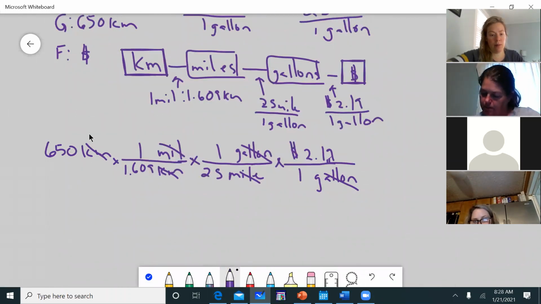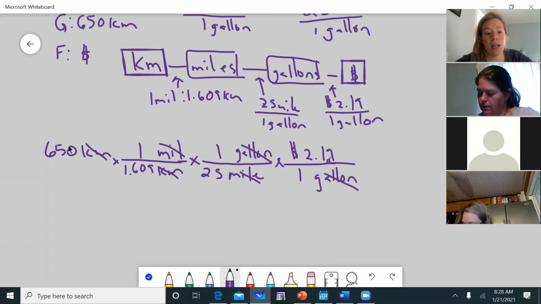All right, I've got to plug it into the calculator. Sorry, give me just a second. So multiply anything that's on the top, divide anything that's on the bottom. I've got 650. I'm going to multiply it by that 2.19 all the way at the end, divide it by 1.609, equal it out, and then divide it by 25.